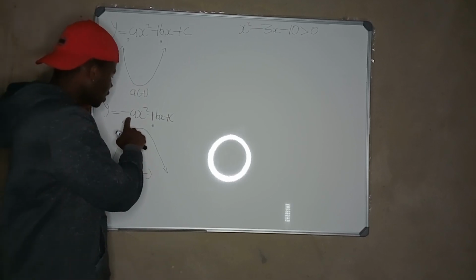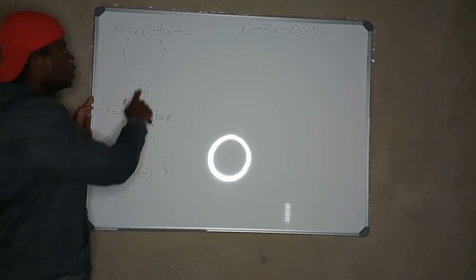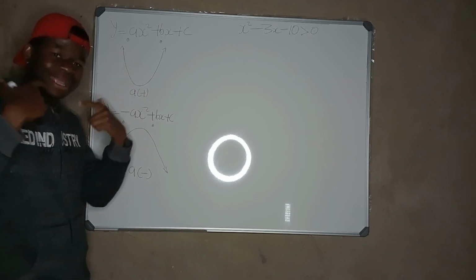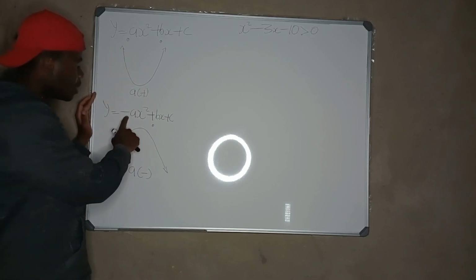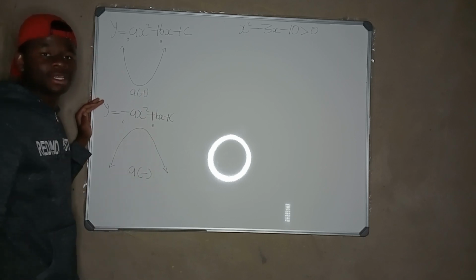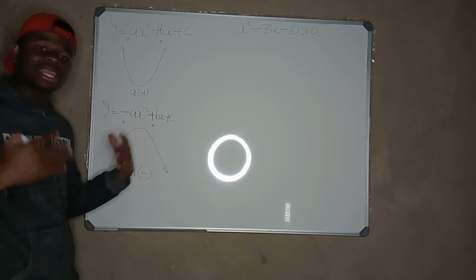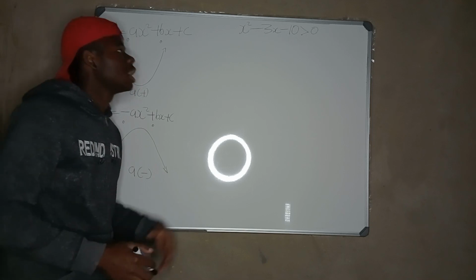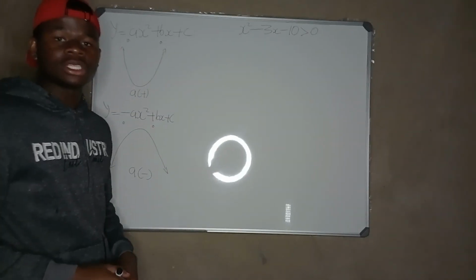If our A is positive, it is going to be a happy face. When our A is negative, it's going to be a sad face. Now we are done recapping the shapes of parabolas. Let's go to the inequalities.